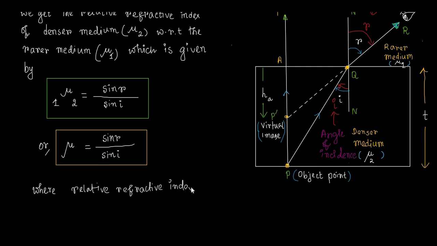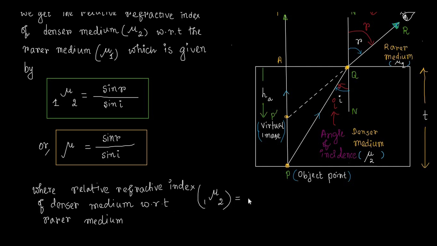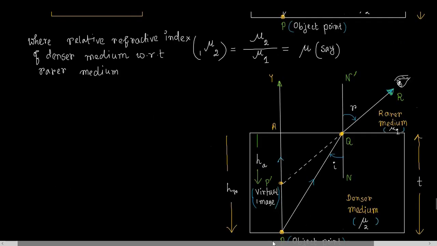The relative refractive index of the denser medium with respect to the rarer medium, 1mu2, that is mu2 by mu1, is denoted by only mu, and here we can assume mu as 1mu2.